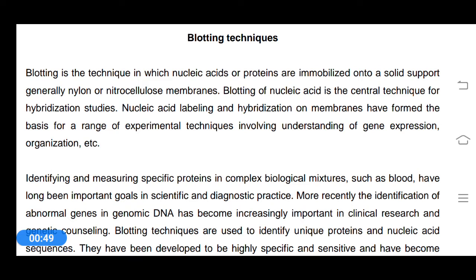Firstly, blotting techniques are meant for the identification of nucleic acids and proteins, and hybridization is the basic method on which these blotting techniques depend.